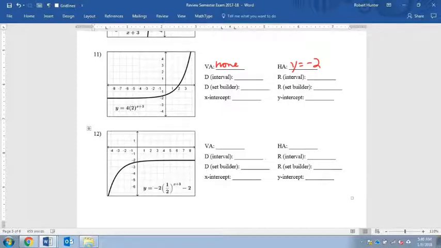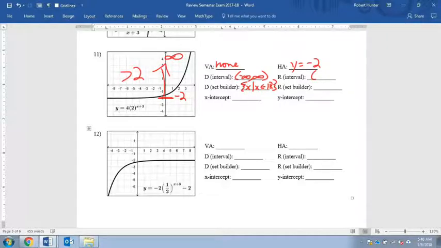Your domain and range, okay, your domain is always going to be all real numbers. So -infinity to +infinity. Set builder, x is the set of all real numbers. Your range, okay, in this case, everything is from -2 up, but it does not include the -2, so it's simply greater than -2, or from -2 to +infinity, depending on what type you want.